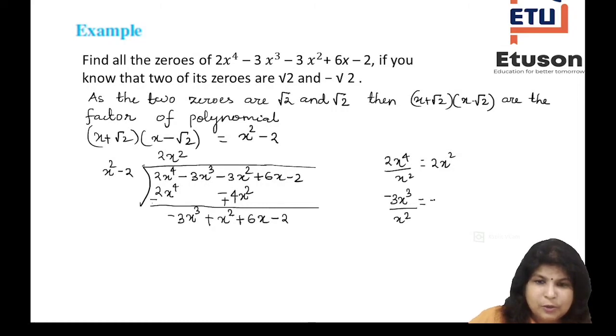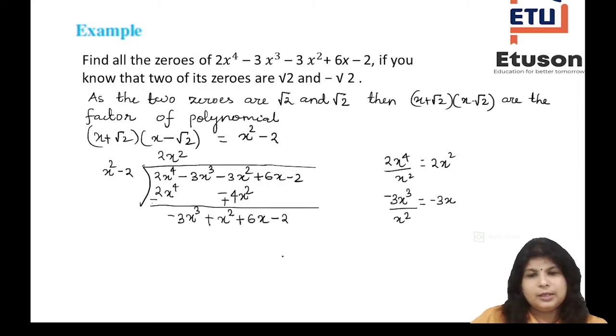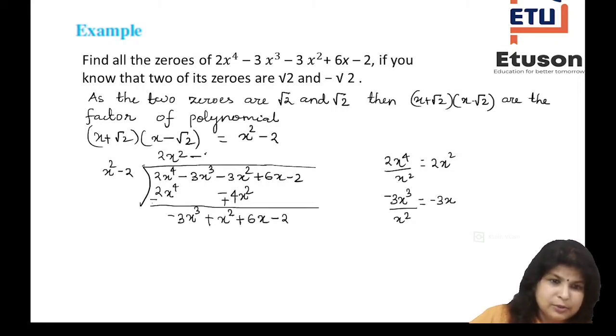So you will get how much? You will get minus 3x, correct or not? So minus 3x. You write down this minus 3x here and multiply the same with x square minus 2. So minus 3x into x square, how much? Minus 3x cube. Minus 3x into minus 2, how much? Plus 6x. Correct or not?